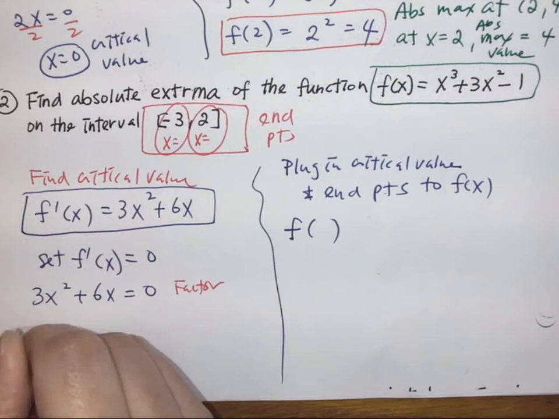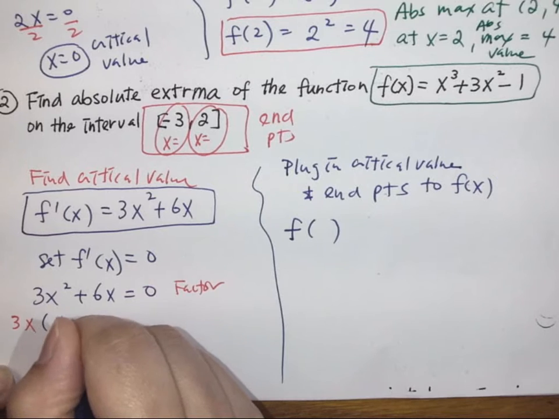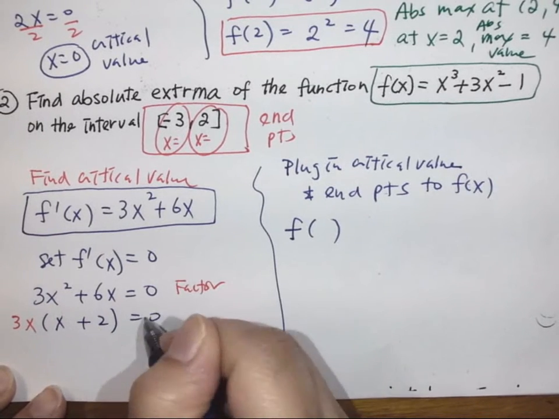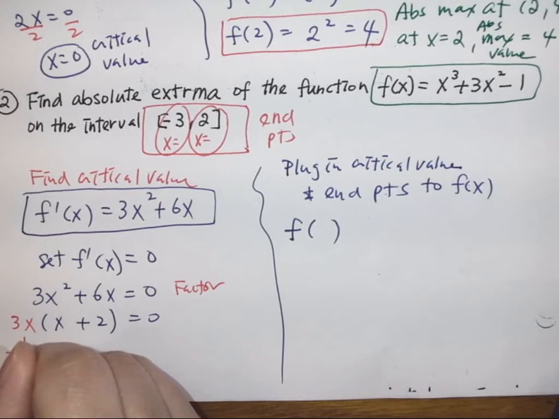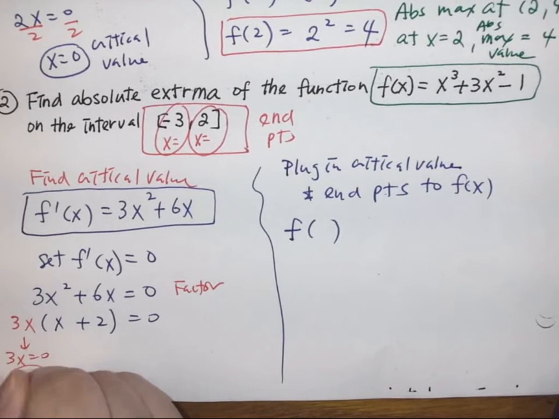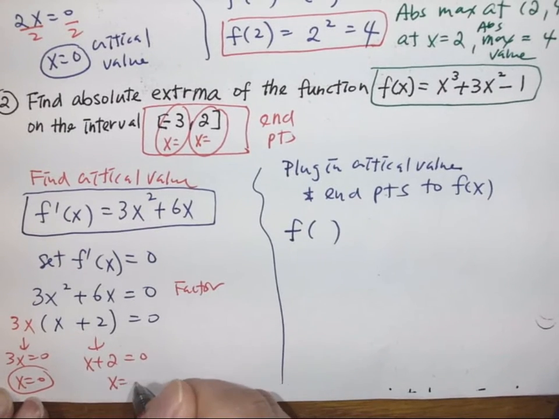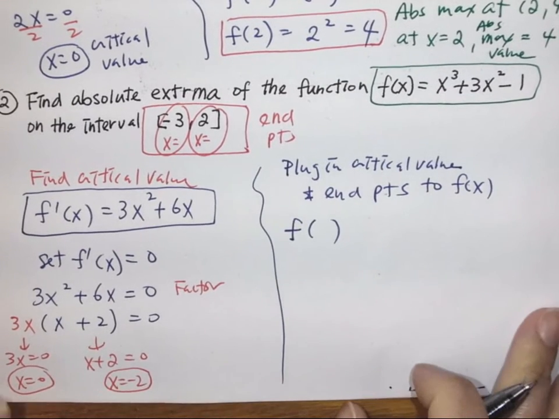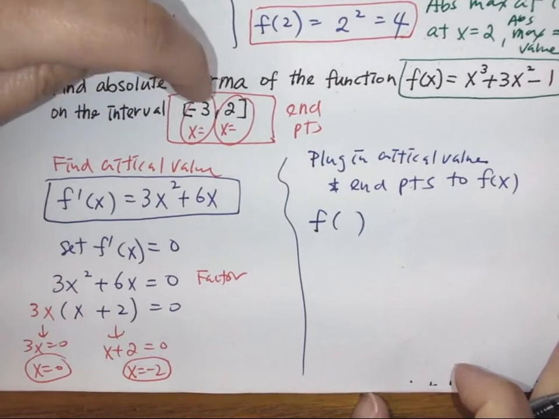So I can pull out 3x times x plus 2 equal to 0. So 3x equal to 0 gives x equal to 0, and x plus 2 equal to 0 gives x equal to -2. So I got 2 critical numbers, and then I have 2 endpoints.